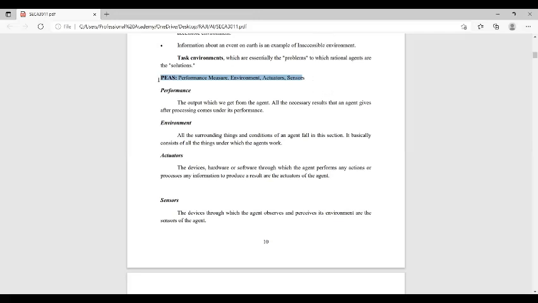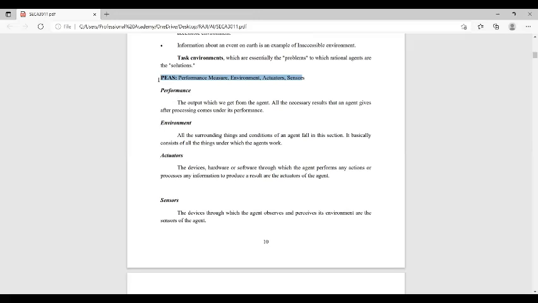P is for performance, E is for environment, A is for actuator, and S is for sensors. Performance is nothing but the output which we get from the agent. All the necessary results that the agent gives after processing come under its performance.